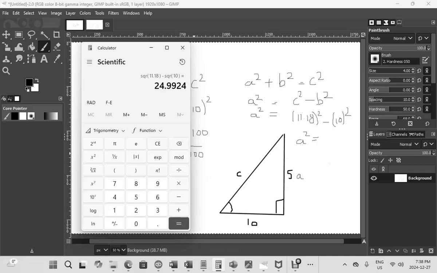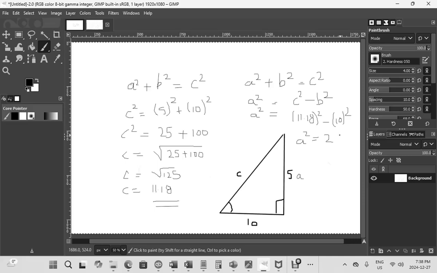This will be 24.99, roughly 25. So your A will be the square root of 25, which means your A will be 5. This is how you solve for A and B. You simply rearrange the equation.